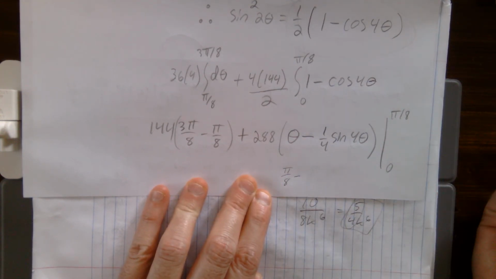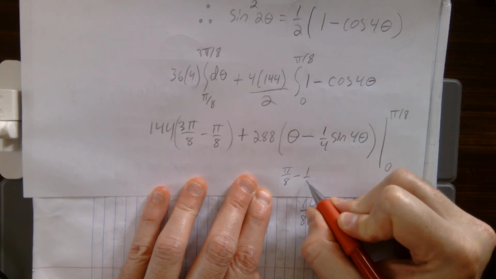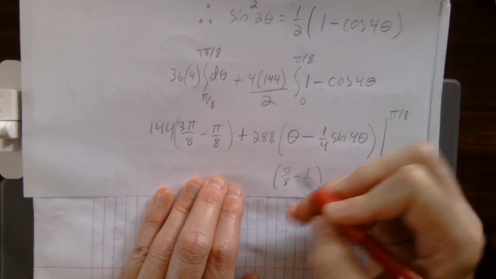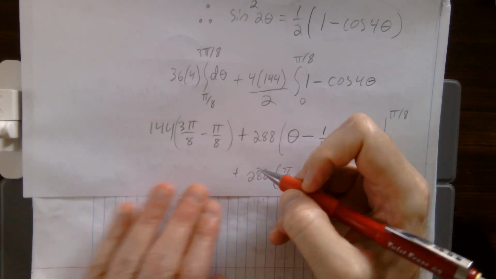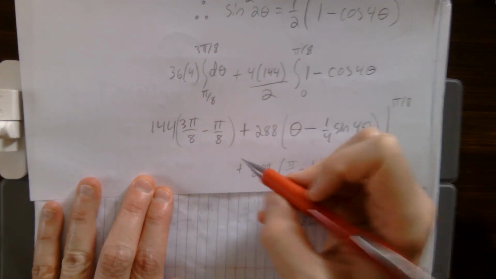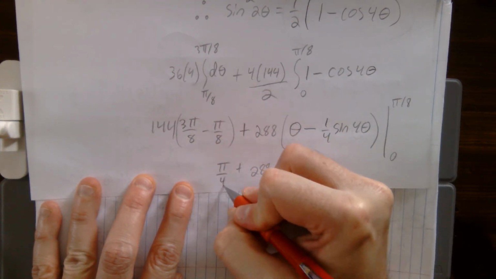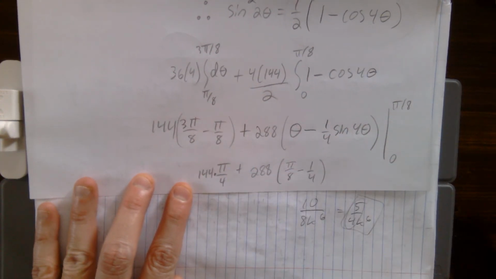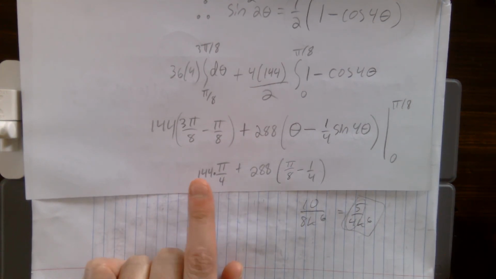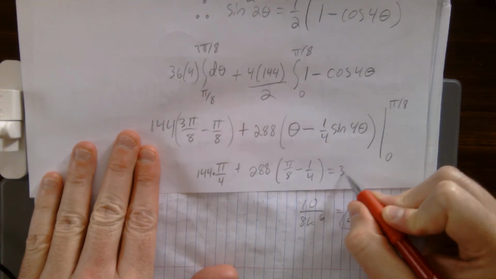Sine of pi over 2 is 1. So this is 1/4. 288 times, plus 3 pi over 8 minus 1 pi over 8 is 2 pi over 8, pi over 4. What is that, 72, 36. So we get 36 pi.